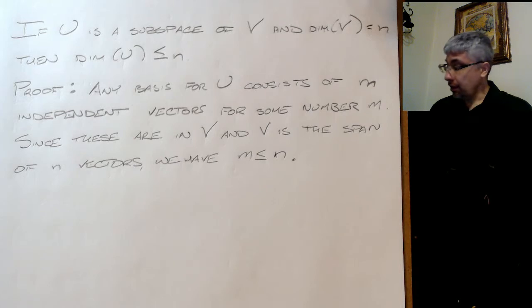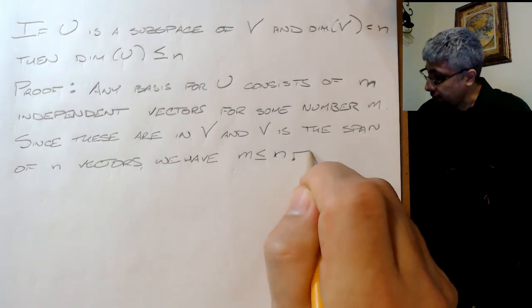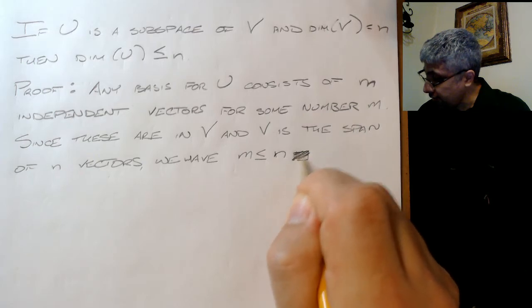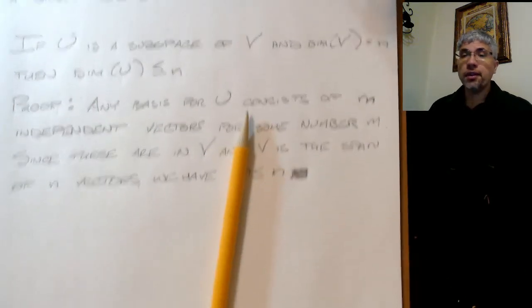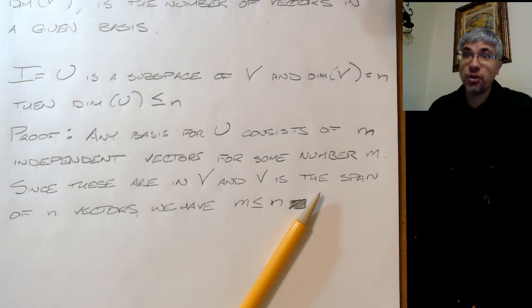So that's our proof. That's what we wanted to show. And we are done. So, first proof, now that we have our new definition about dimension. So subspaces always have a dimension that's less than or equal to the dimension of the original space.